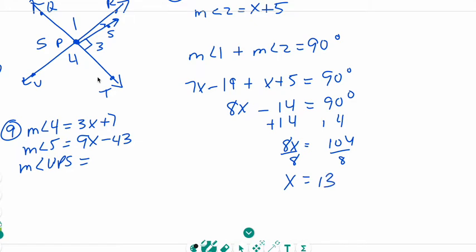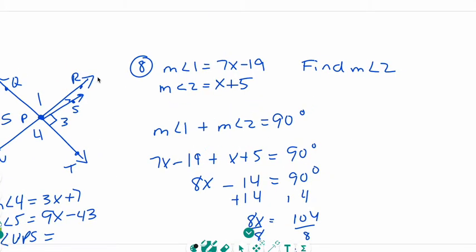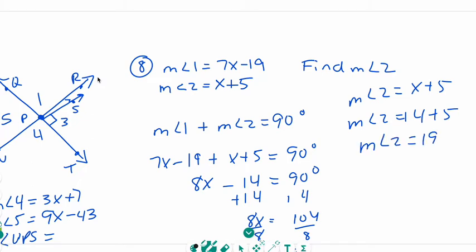So if we're trying to find the measure of angle 2, the measure of angle 2 is equal to x plus 5. So the measure of angle 2 would be equal to 14 plus 5. Let's see, not 14, it was 13. Let's fix that. So 13 plus 5 is going to be 18 degrees.